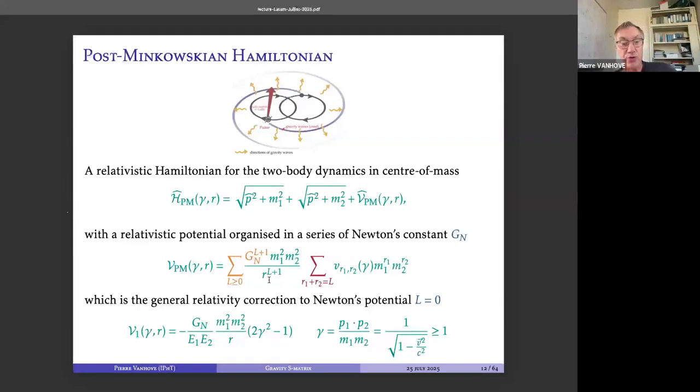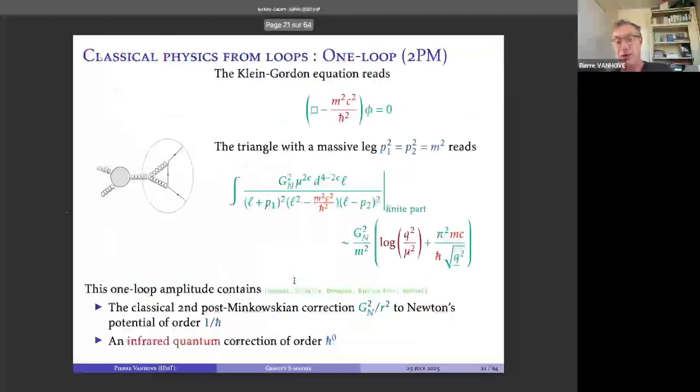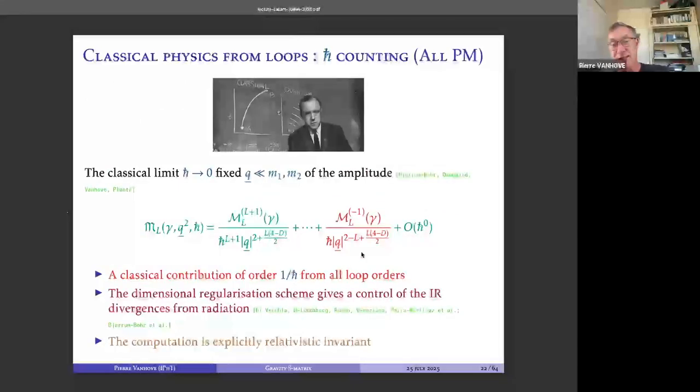And the power of q² will be exactly what you need so that when you Fourier transform to 3 dimensions, it gives you exactly the right power of r, L plus 1. So dimensionally, you are happy. I didn't write explicitly the power of G Newton here, but this is exactly what you want. In a minute, I will comment on the factor here.